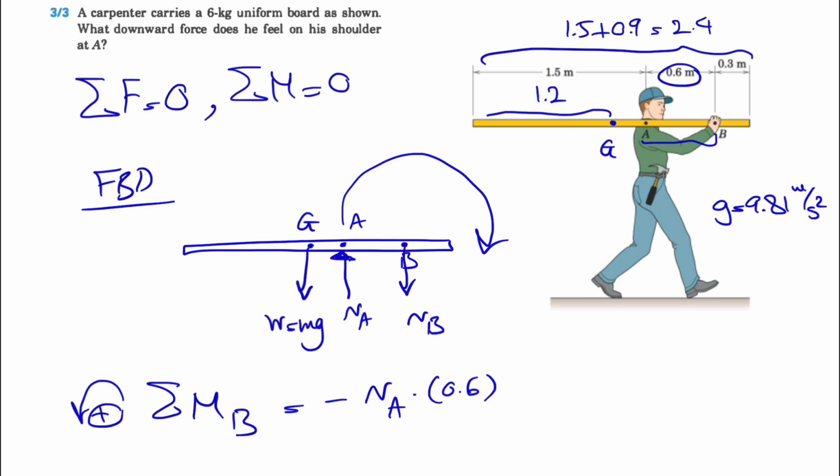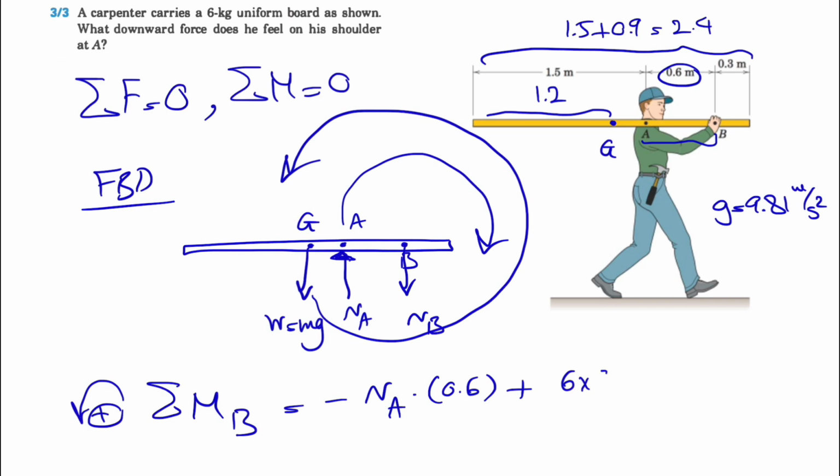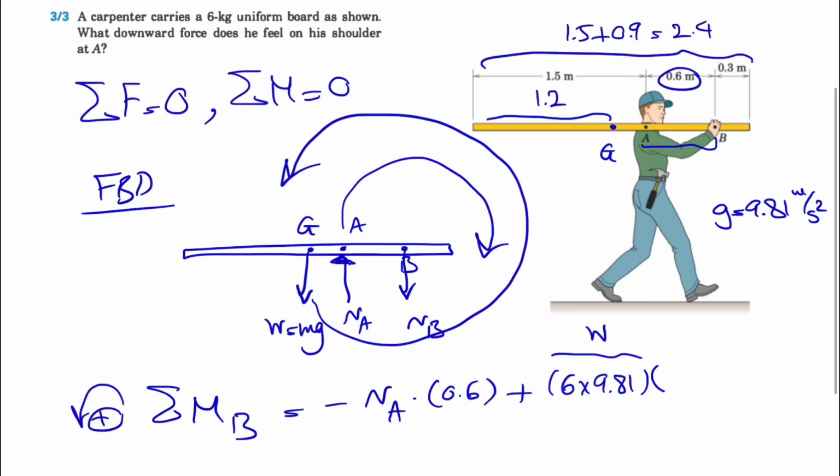And we have the moment of the weight, which is counterclockwise, so we have a positive sign. Our weight would be 6 times 9.81, so pretty much m times g. And the distance is from point G to point B, which we need to figure out. There are two ways.